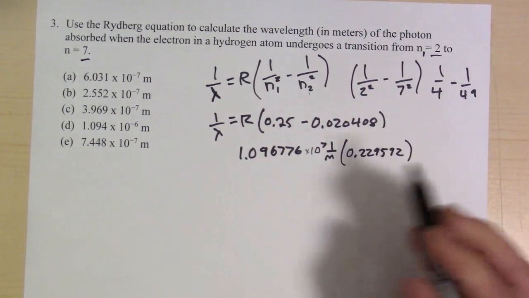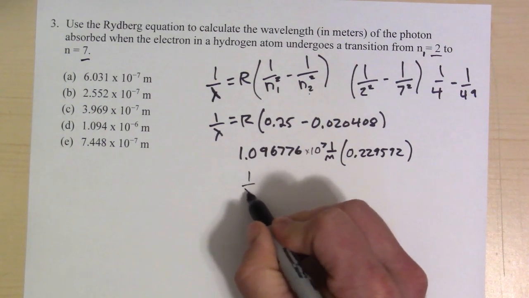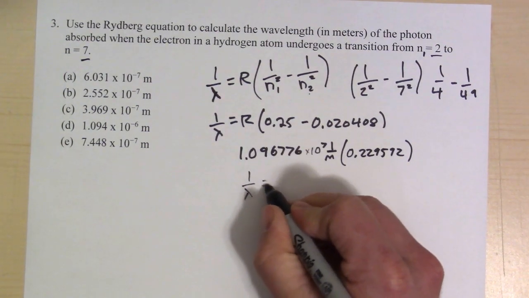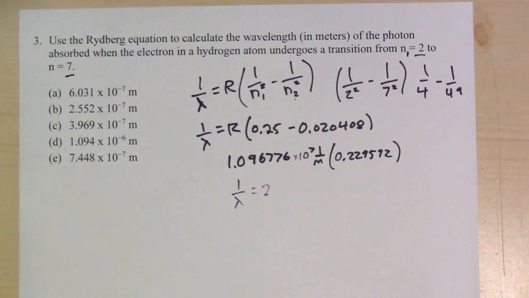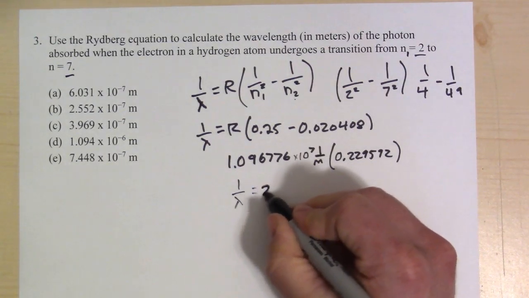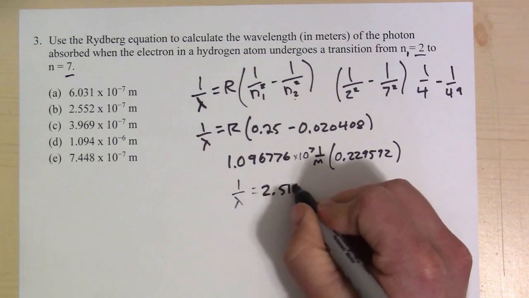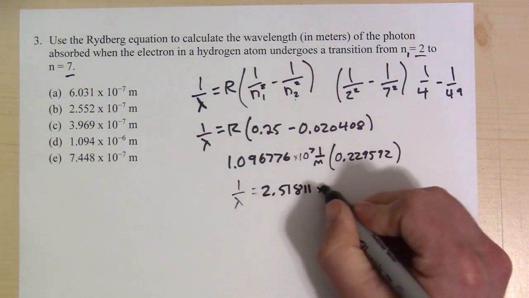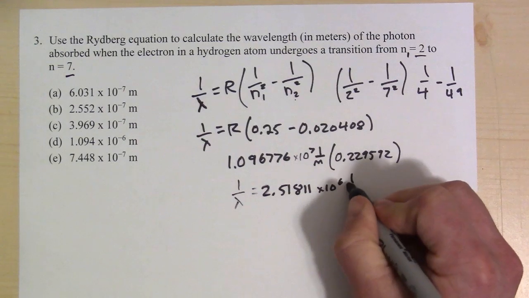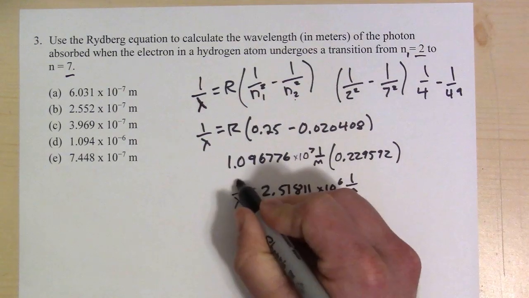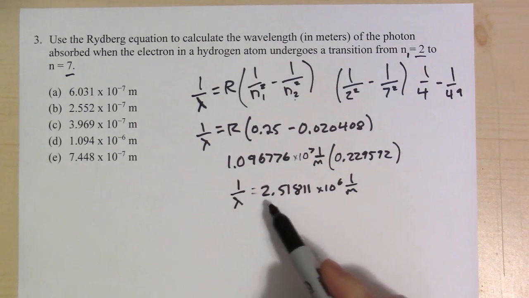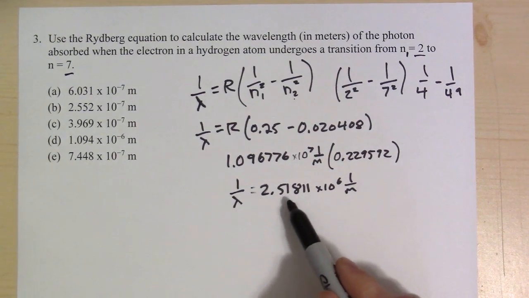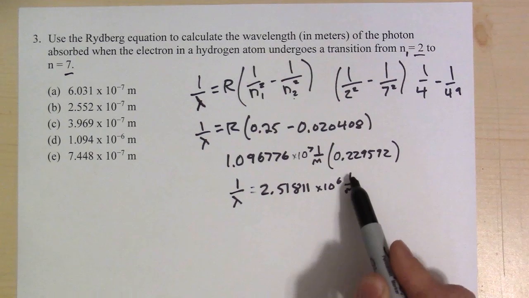So when we do that, we get that 1 over lambda is equal to 2.51811 times 10 to the 6th inverse meters.